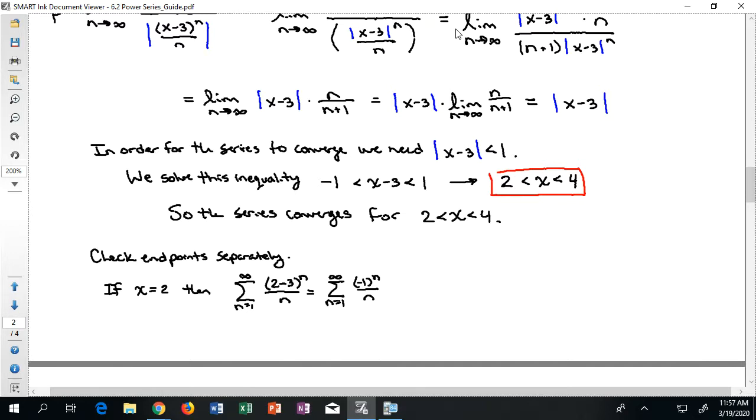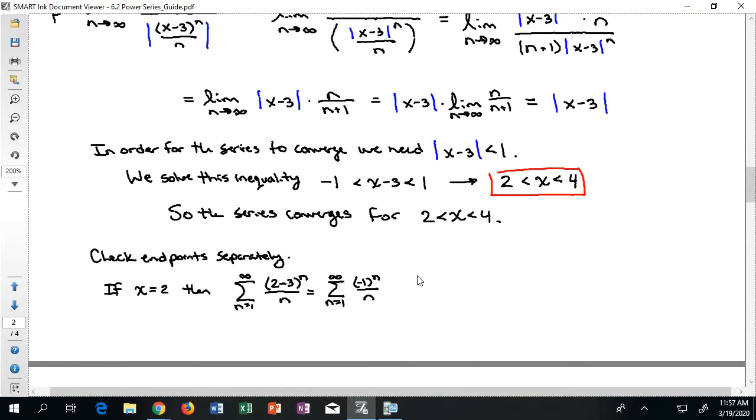Which means now I have to go all the way back to chapter 5 and recall all the information, ideas and tests that I have there. But wait, this one's actually super simple. This is a special kind of series. What kind of series is it? Yeah, it's an alternating series. And what would the a sub n be in this alternating series? The part without the -1 to the power.